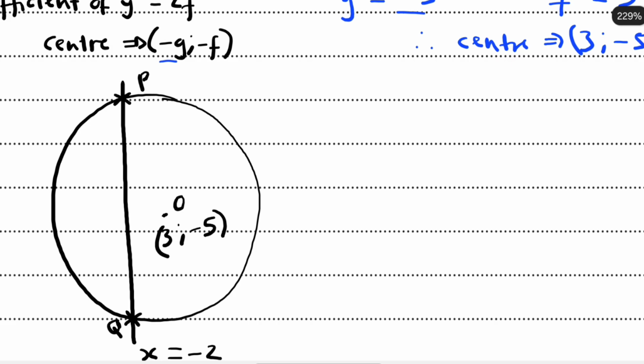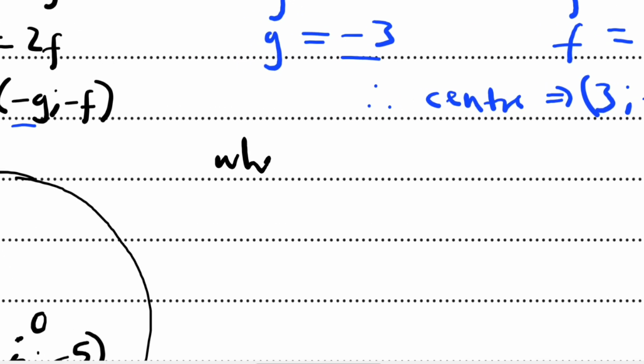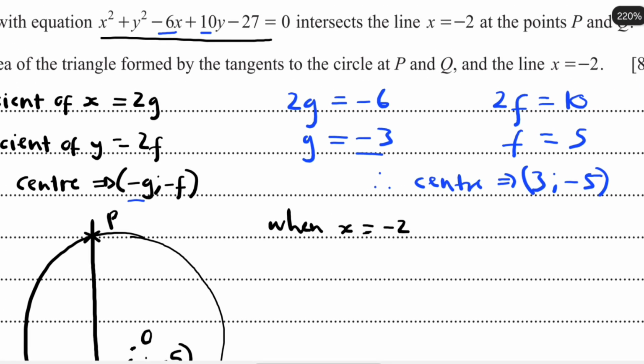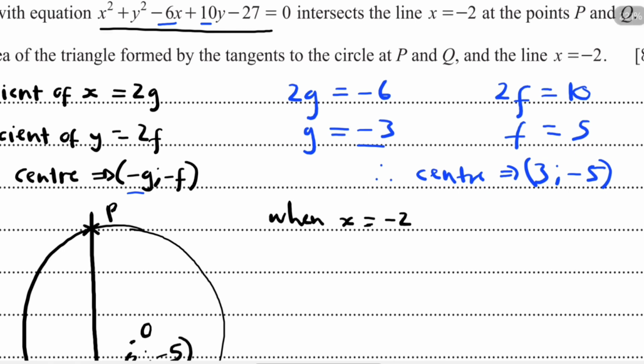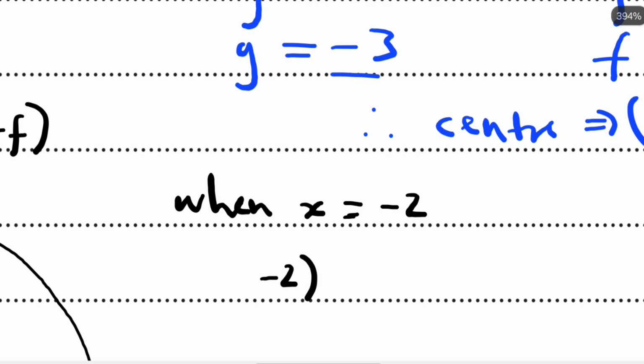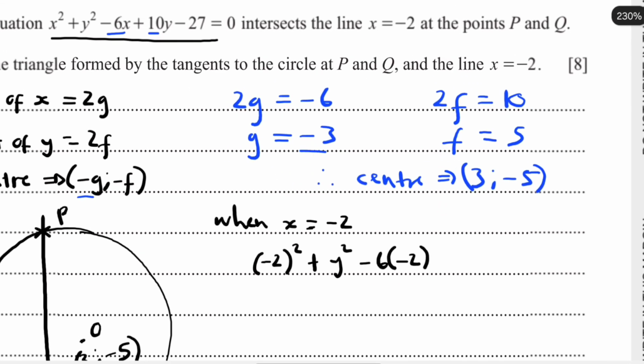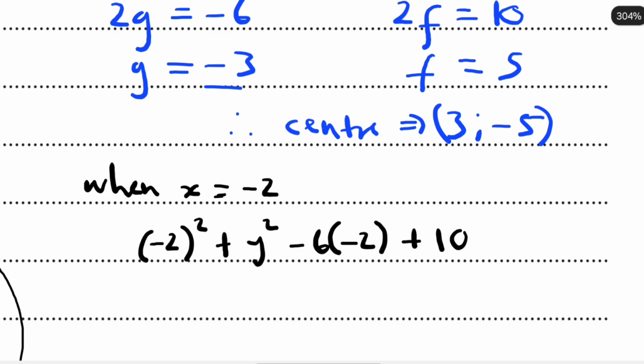So to find the y coordinates of these points, when x is minus 2, to find our y, we're just going to substitute minus 2 for x in the equation of the circle, since P and Q lie on the circumference of the circle. So it will be minus 2 squared plus y squared minus 6 times minus 2 plus 10y minus 27 equals 0.